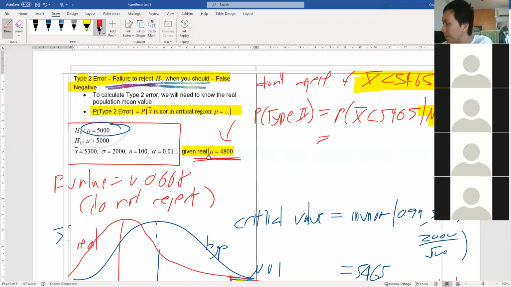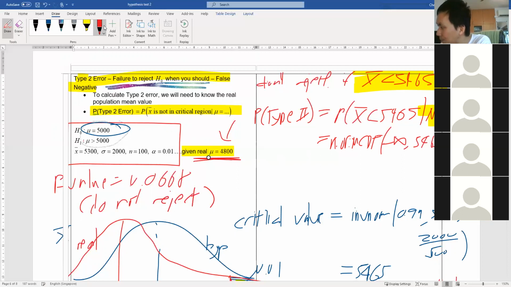So here, this is norm CDF from negative infinity to 5465.